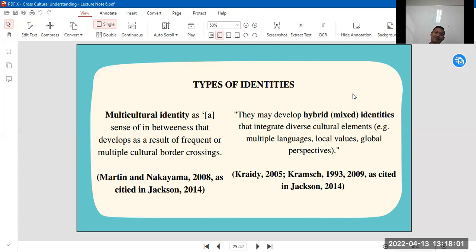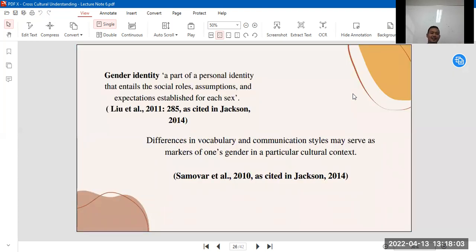Next is the gender identity. When we are asked to describe our identity, it is natural to mention our gender. It is also one of the ways that others often categorize us. They can identify us as male or female.